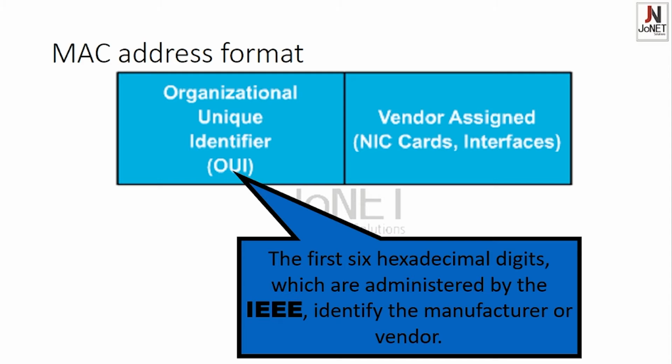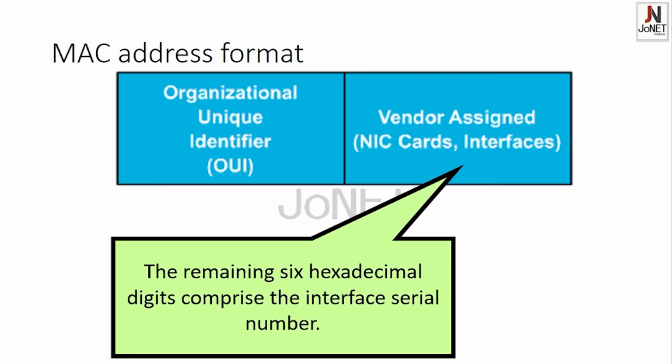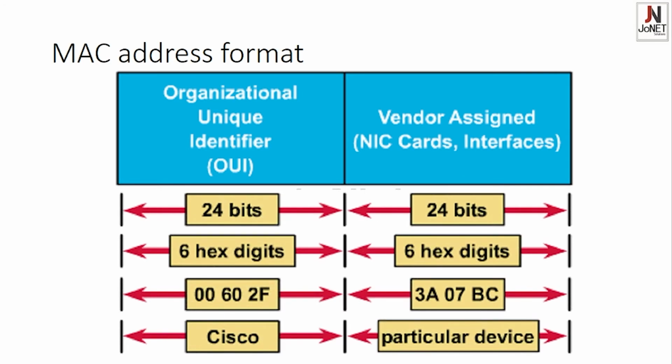The OUI is assigned by the IEEE, the Institute of Electrical and Electronics Engineers. The remaining 6 hexadecimal digits comprise your interface serial number, which is assigned by the manufacturer or vendor. So totally 24 bits plus 24 bits, totally 48 bits. Sometimes it is represented as 6 plus 6 digits, or 3 bytes each.